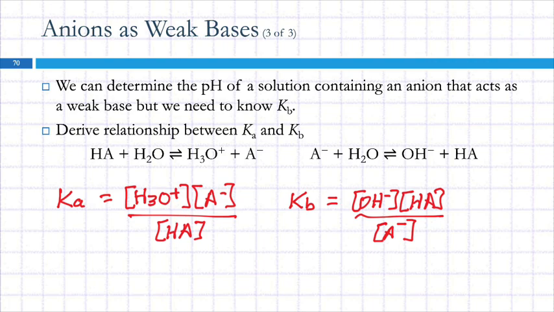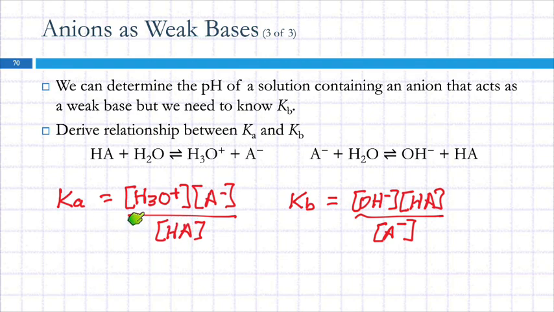So we want to know how these are related to each other. Here I've got A minus over HA. Here I've got HA over A minus. If I can rearrange these so they both are equal to the same thing, then they'll be equal to each other.